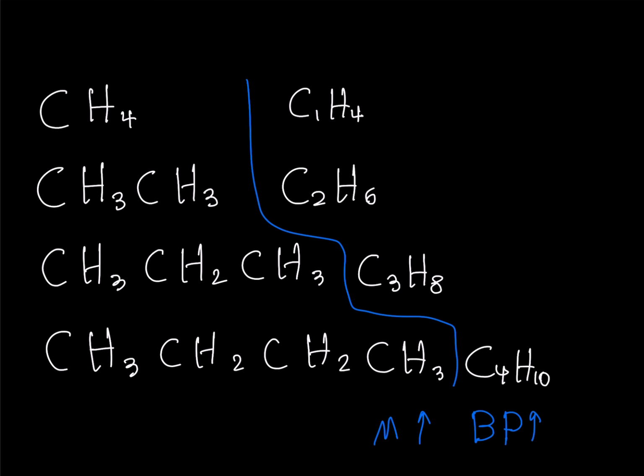Now, you can only be sure that this is always the case when you have nonpolar molecules. So whenever you have carbon and hydrogen, and those are the only atoms in your molecule, it's always going to be nonpolar, and so the boiling point is going to depend on the number of atoms that you have, because the number of atoms is going to increase the mass.